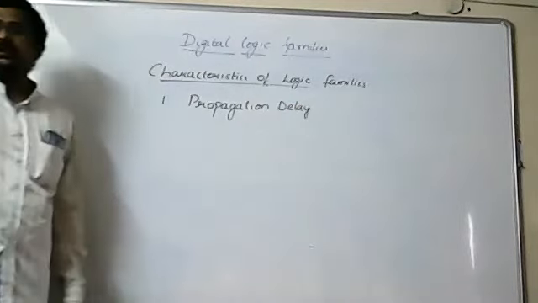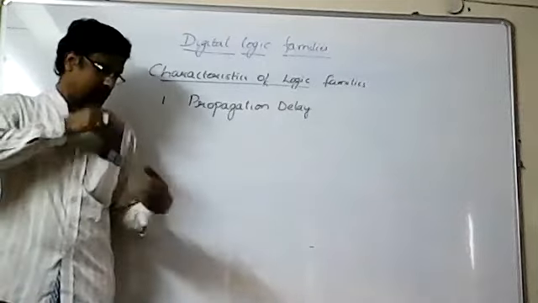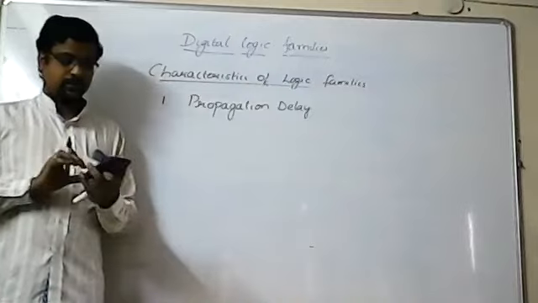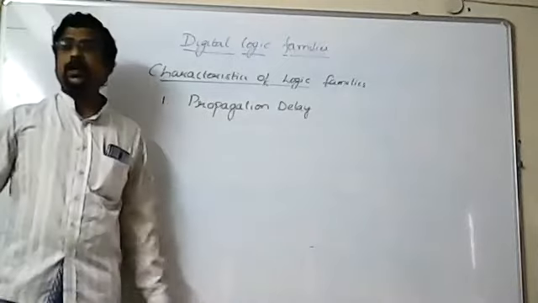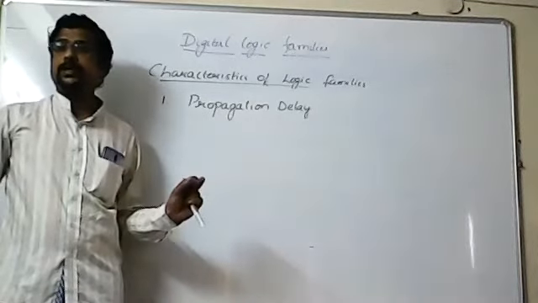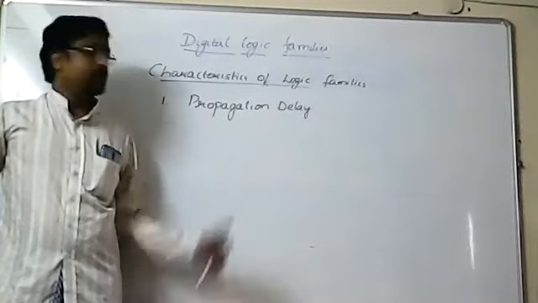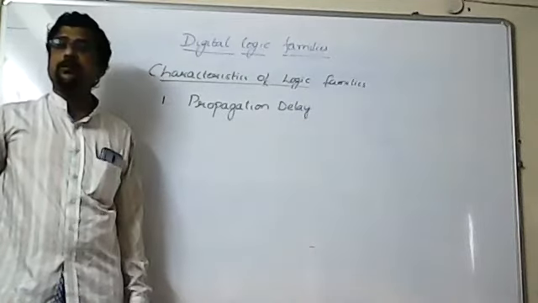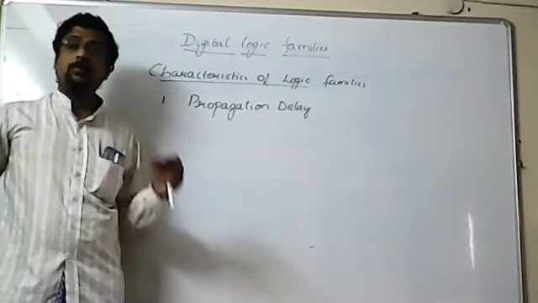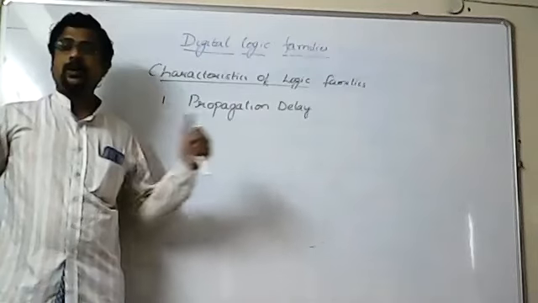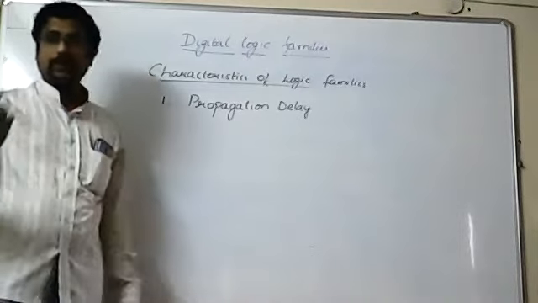The first characteristic is propagation delay, and it is the most important characteristic in designing a digital logic or digital IC. From the name itself, propagation delay, what does it mean? Propagation means moving. The amount of time taken for the output to change when the input is changing is called the propagation delay. I will explain it to you.